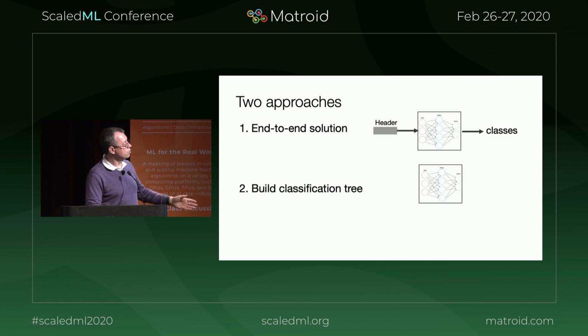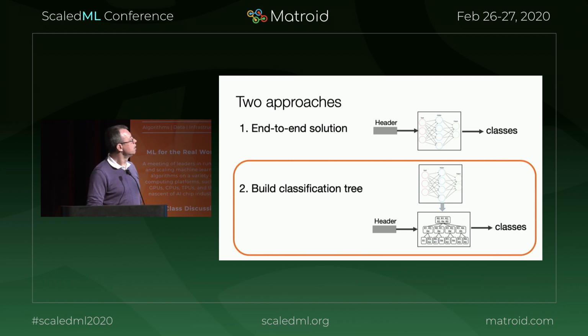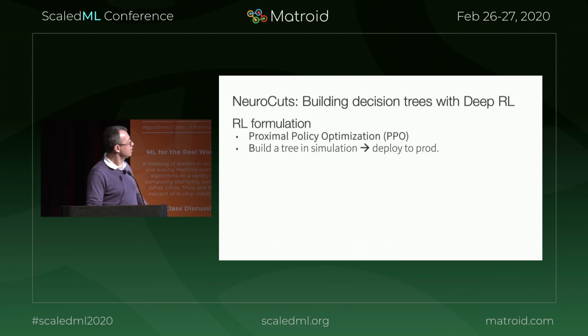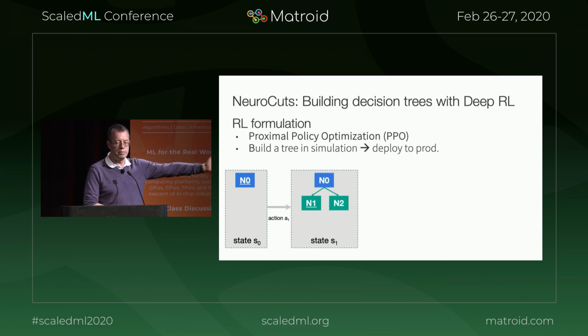So instead what we do, we use the neural networks to build a classification tree. Okay, so this is what we do. And this has a lot of advantages, because this classification tree, once I build it, I can feed it into the routers. Let me go a little bit quicker now. We use proximal policy optimization, and this is how you do the state. We start with one node. One node has all the rules, and then we start to divide the space.